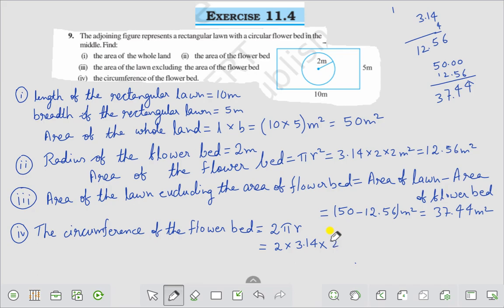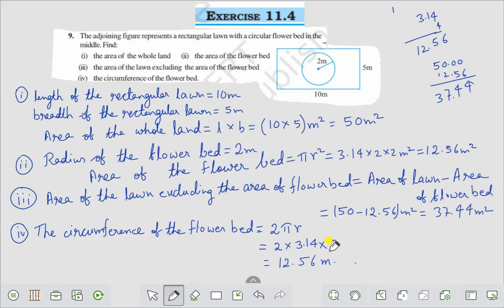Therefore 2 into 2 is 4, and 3.14 into 4 is 12.56 meter. This is the circumference, 12.56 meter.